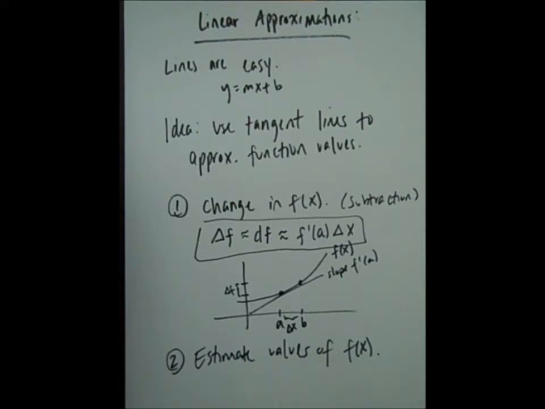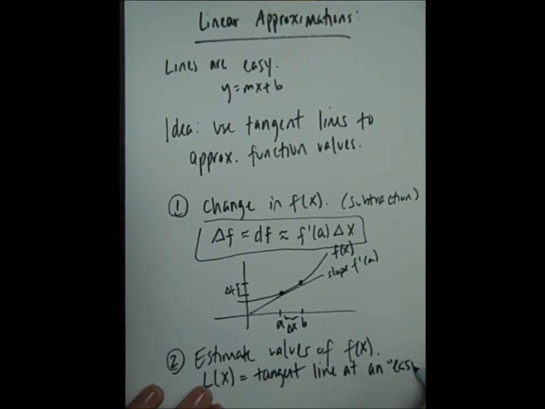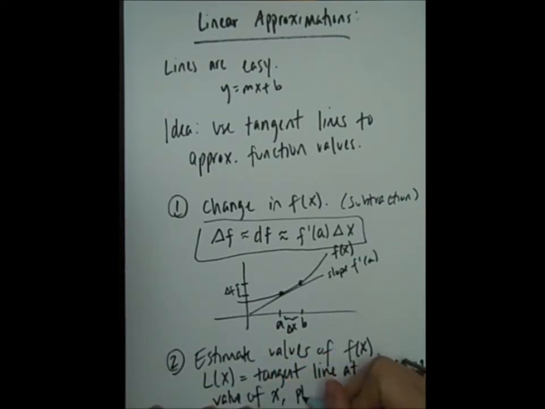Whenever we're trying to estimate values of f of x, we're going to find the tangent line, which we'll label as L of x, at an easy value of x, and then we're going to plug in.